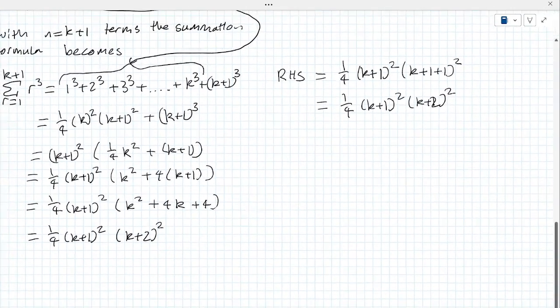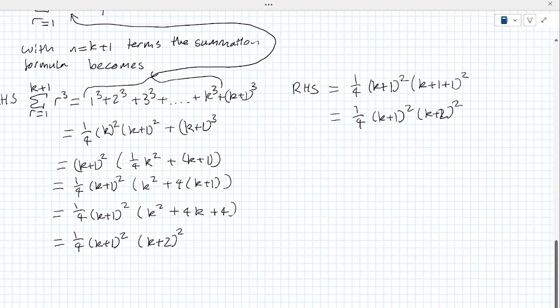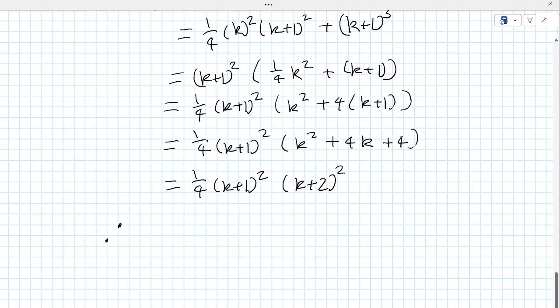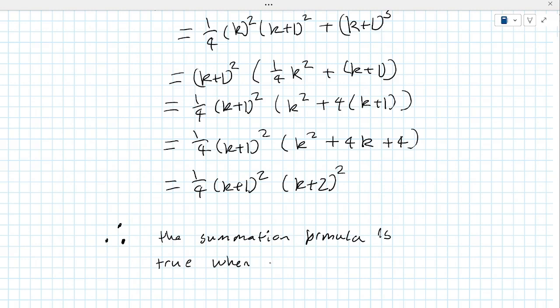And as you can see, our left hand side and our right hand side are equal. So then we can say therefore, which is just these 3 dots in this triangle shape, therefore the summation formula is true when n equals k plus 1.